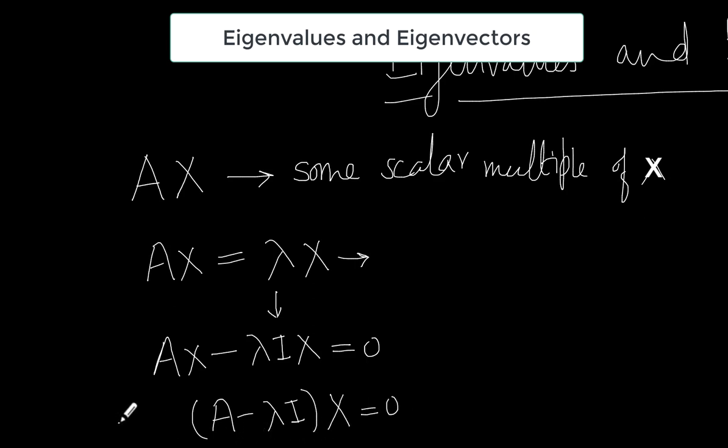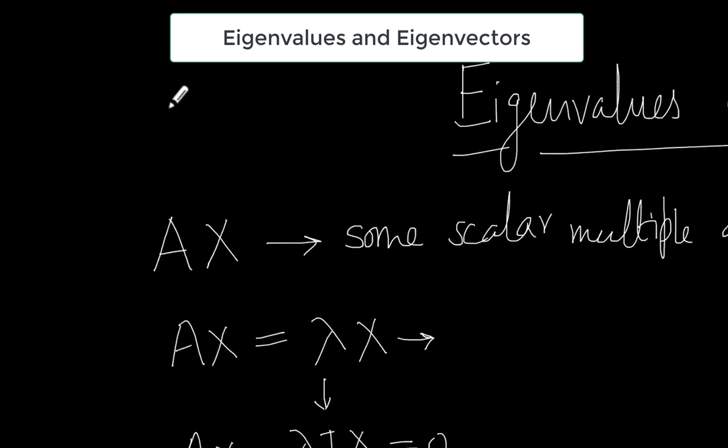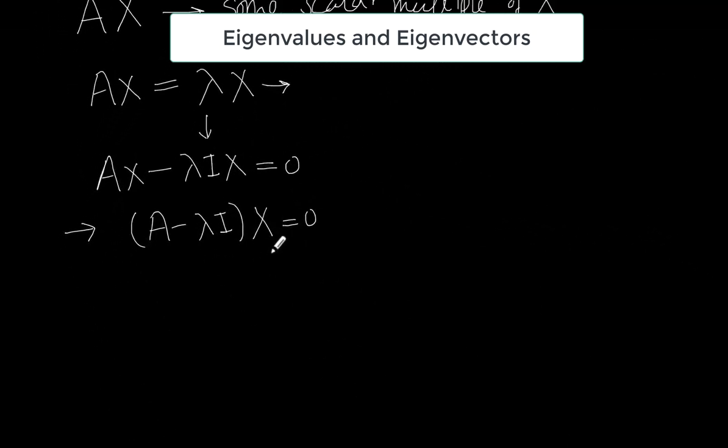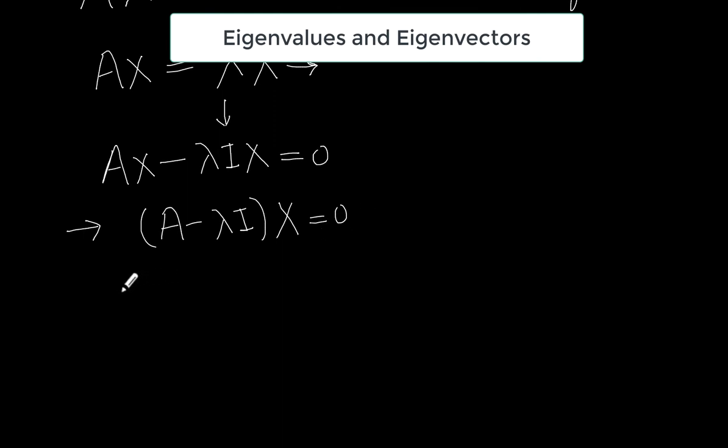Now if you look closely at this equation, basically this is a homogeneous system of linear equations, and we know that a homogeneous system of linear equations has only the trivial solution if the determinant of A is non-zero. But here our x is non-zero, that means we are searching for a non-zero solution.